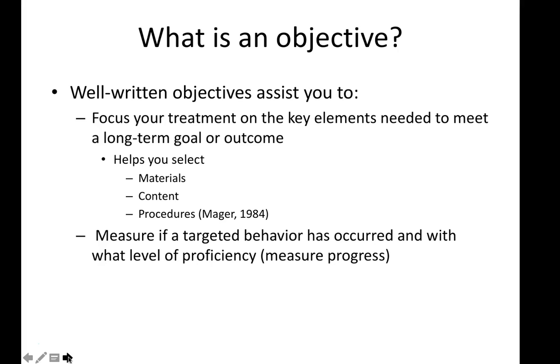These objectives might help you to select materials and content and help you in what procedures to use, but they are not those things, which we're going to talk about in a second. But they might help you to select some of them. And they measure if the target behavior has occurred and with what level of proficiency it has occurred.